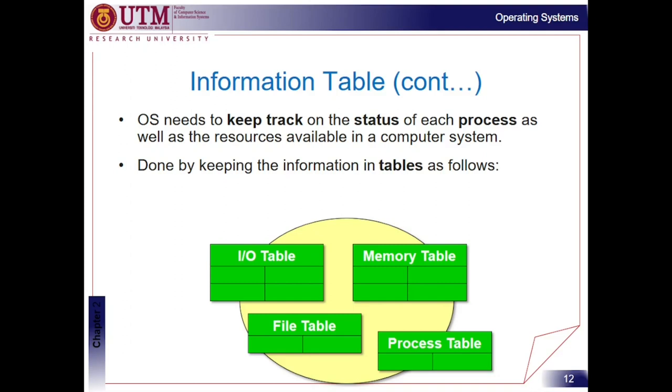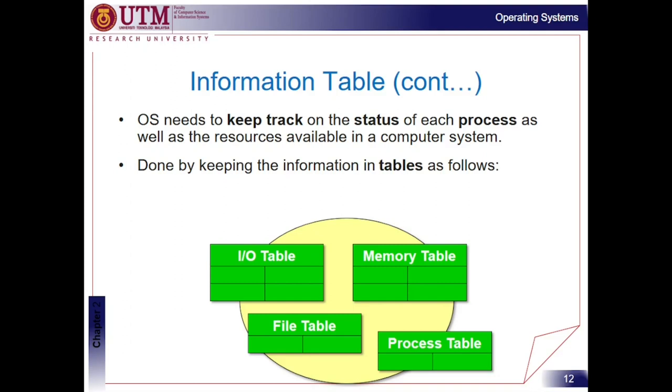This table contains information about the input and output devices that are connected to the system, such as keyboard, mic, printer, scanner, etc. The I/O table also records which processes are using which devices and how much data has been transferred between them.